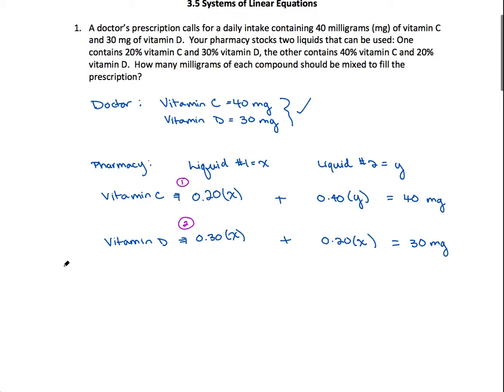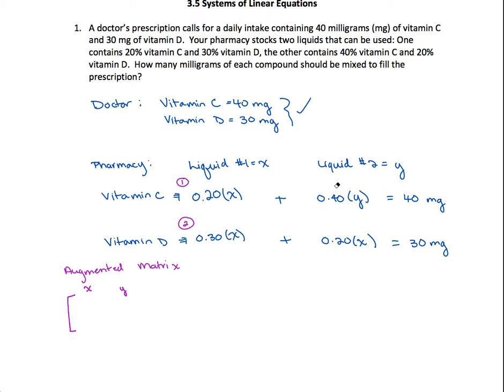Again, I'm going to use an augmented matrix to solve this system. I'll set up my matrix by writing down the coefficients in front of each variable in both equations. My first column holds the coefficients in front of x, which is liquid 1, and my second column holds the coefficients in front of the y terms, for liquid 2.